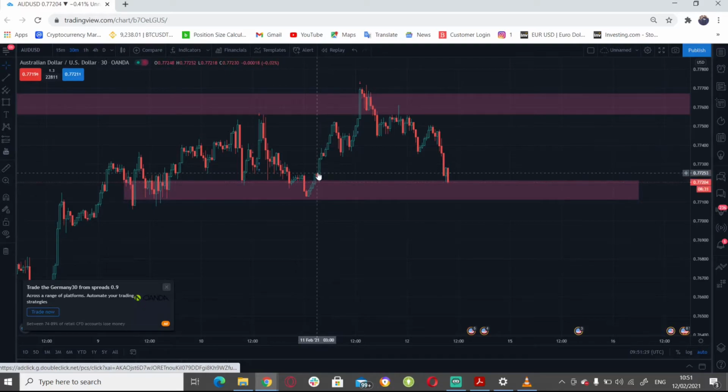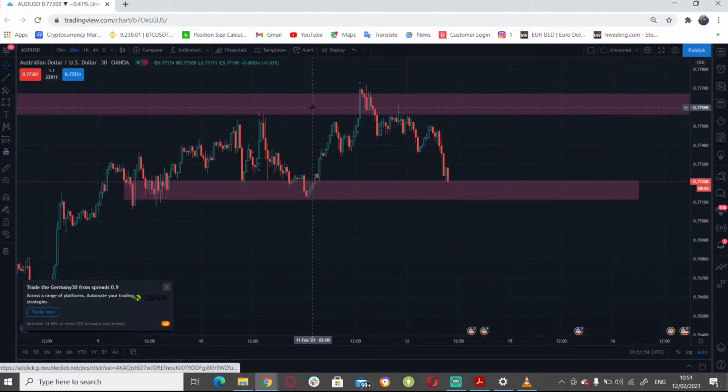So if you're entering here, you'd probably have about a 10 pip stop loss, and you'd be protected from any reversal, because you know that for price to go below this point, something drastic has to happen. It's a very low probability thing. Price has a higher probability of bouncing because price moves like a ball in between two zones.